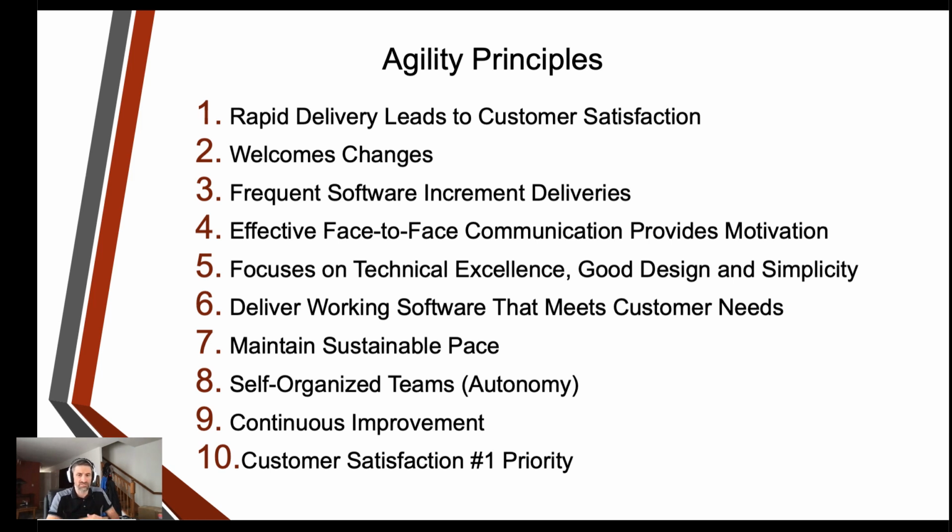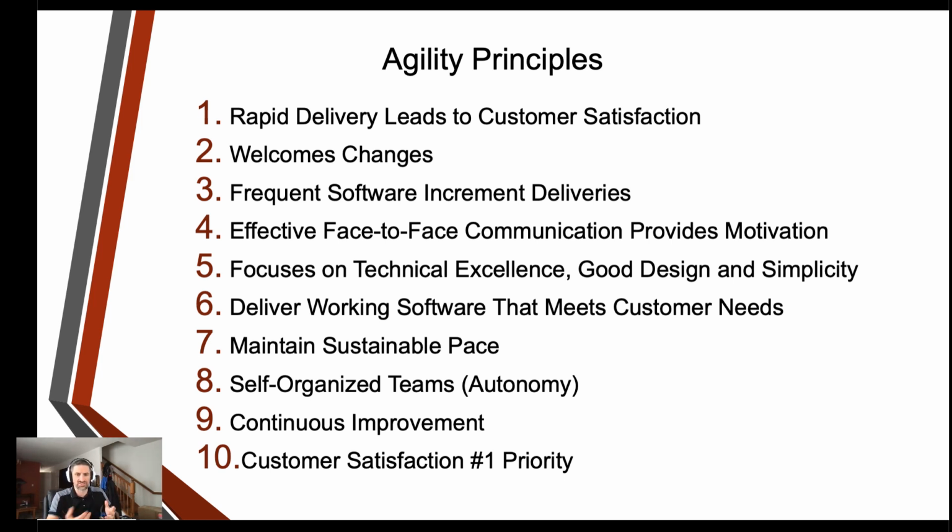Continuous improvement, definitely want a culture of continuous improvement, looking at the work, improving on it, finding ways to make it better, analyzing the performance, finding ways to make the team better, being open and transparent about communication so that can improve as well. Definitely important. And finally, our primary goal is customer satisfaction, right?